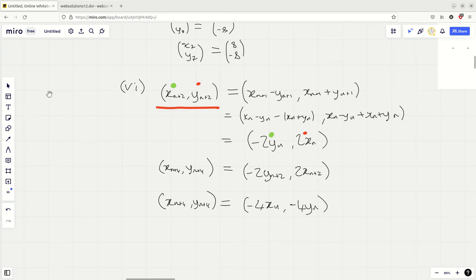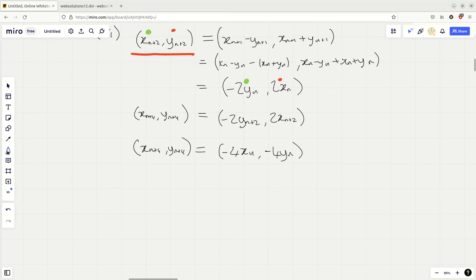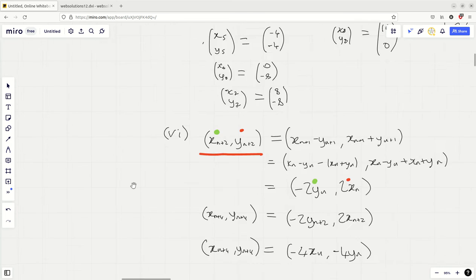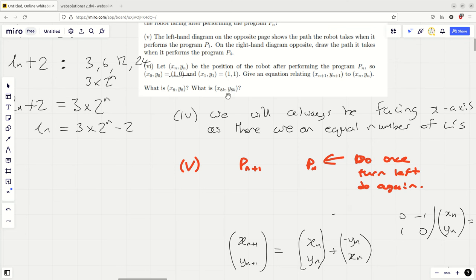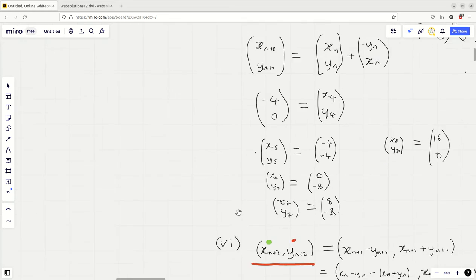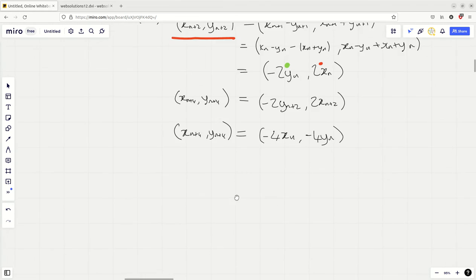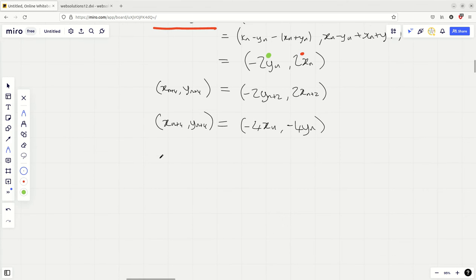Okay, the last one, because then we've got x_{n+8}, y_{n+8}. Remember, if you know how to go 8 steps ahead, this is saying what is the general position every 8th application of the program. Every time you've applied the program 8 times, or any multiple of 8 times, what's the general coordinate?